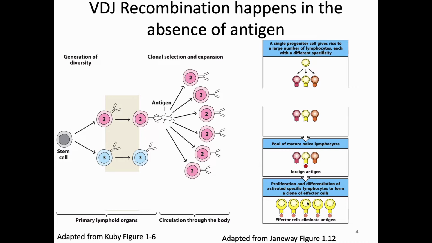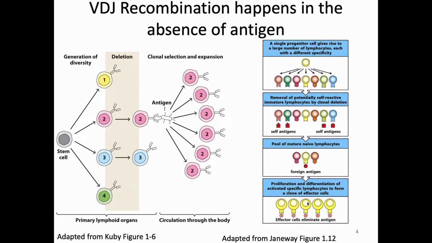However, in making that dramatic diversity, in reality, what we see is this. We make this massive diversity. Here's only 4, but it's really like millions. And we make such a diversity.